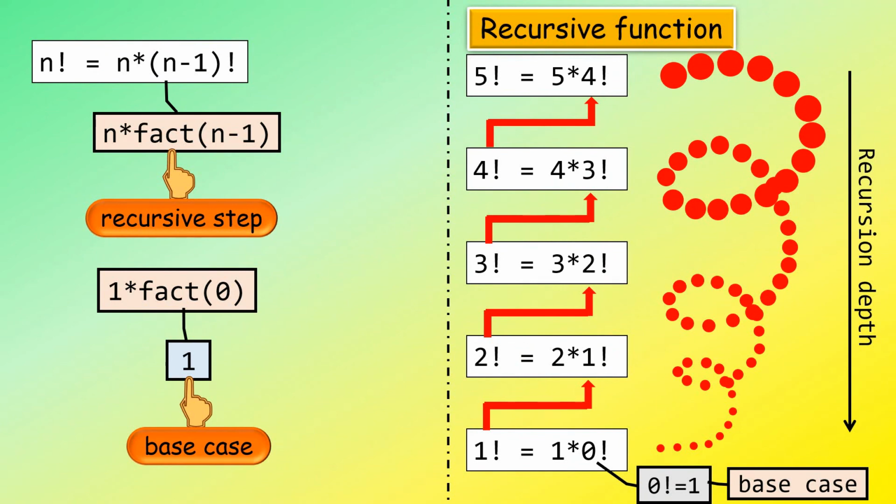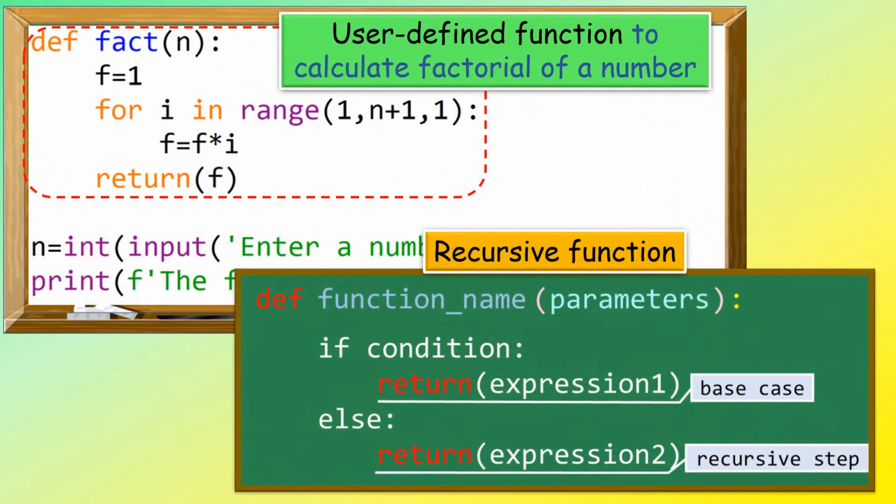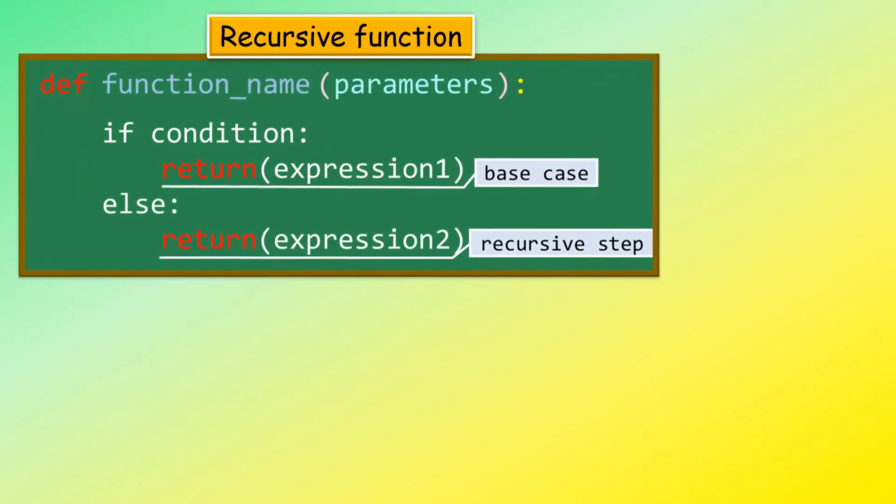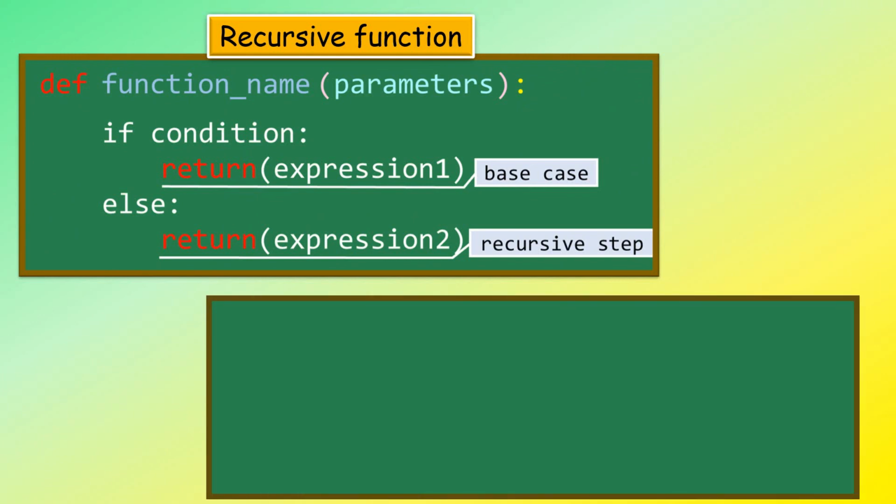So now we are ready to write the recursive function following the syntax which I have already discussed. So using this syntax for recursive function, let us fill up this syntax. So first you write def, and then the function name fact, and within parentheses n is the parameter, colon, if condition.